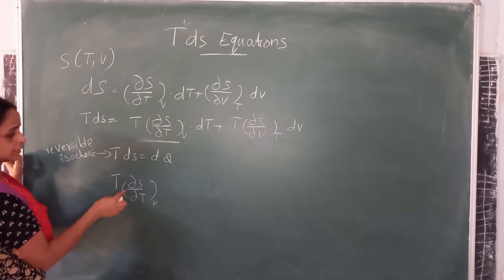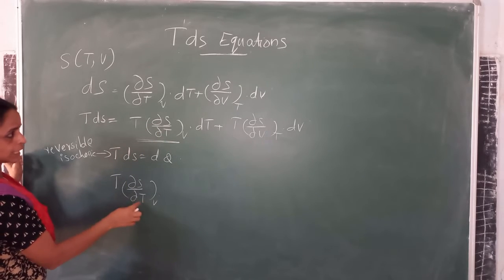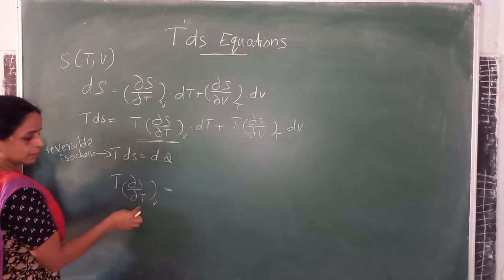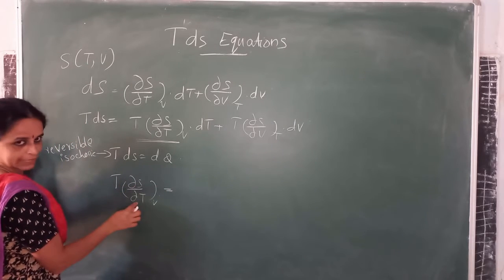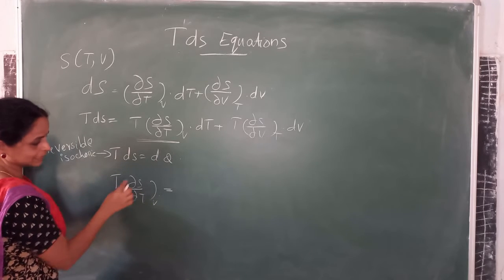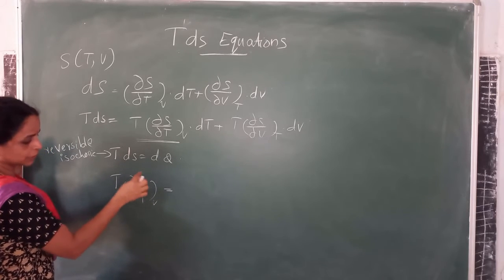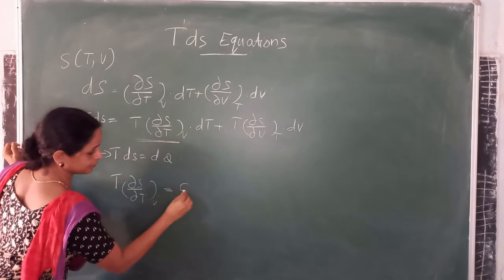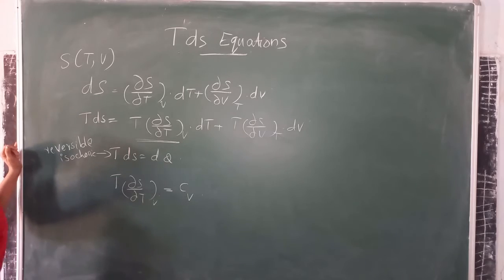So this quantity T into ∂S by ∂T at V is actually T into dS by dT at a constant volume. So we can immediately write this as dQ by dT at a constant volume, that is nothing but the Cv.